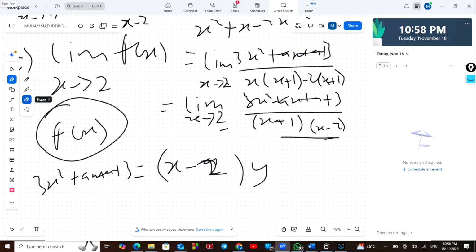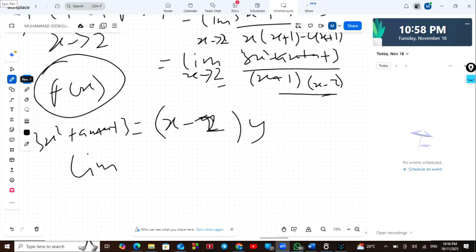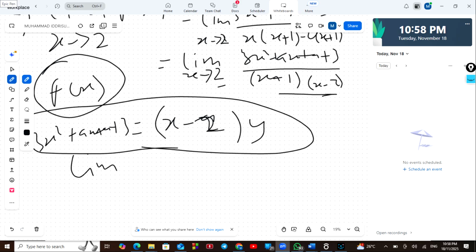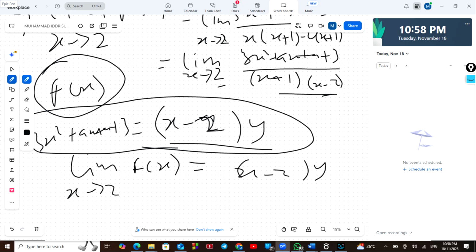Since the limit exists, the limit as x approaches 2 of f of x will be equal to x minus 2 multiplying y over x plus 1 times x minus 2.